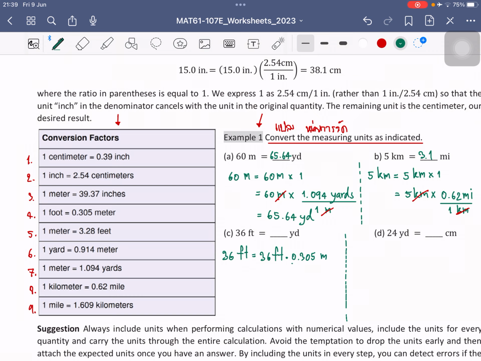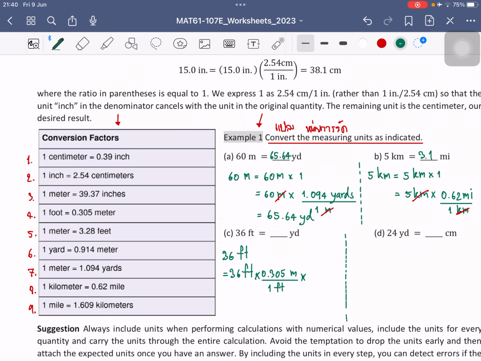meter divided by 1 foot. Okay, I think it's better to write it here. And this is multiply, I want to change from meter to yards.